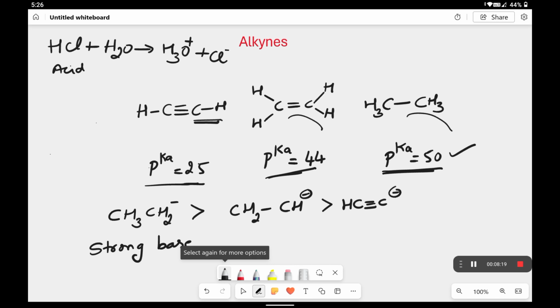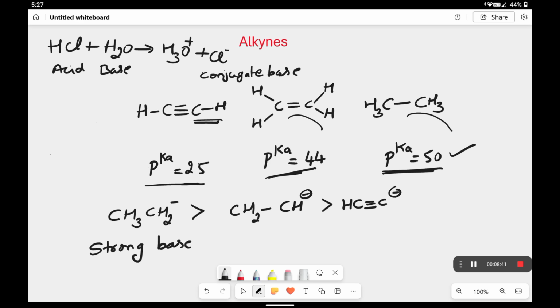After the donation of a proton, the acid becomes its conjugate base. Here water is a base which is accepting the proton from the acid.